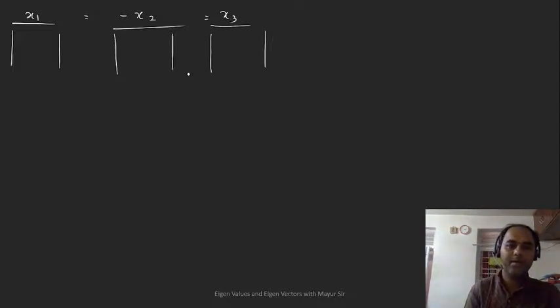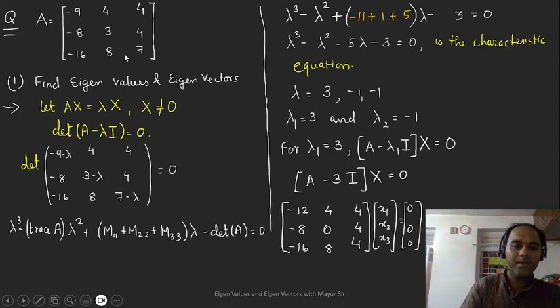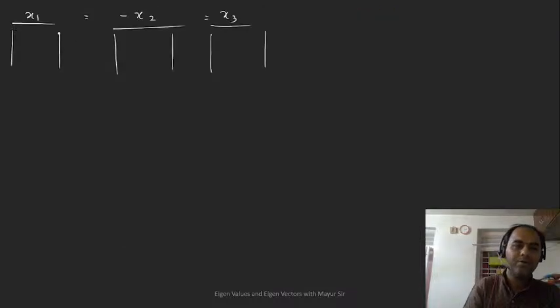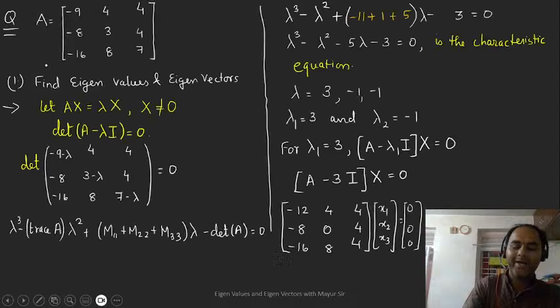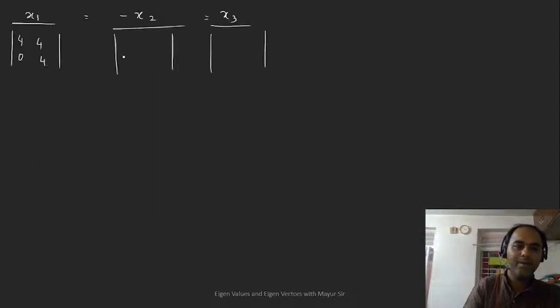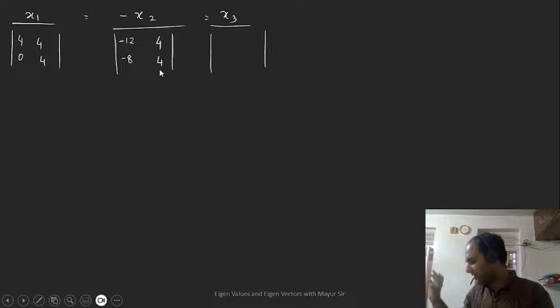Okay, so when you hide the first column you get 4, 0, 4, 4. When you hide the second column you get minus 12, minus 8, and then you get 4, 4. Use the first two rows to calculate the answer.